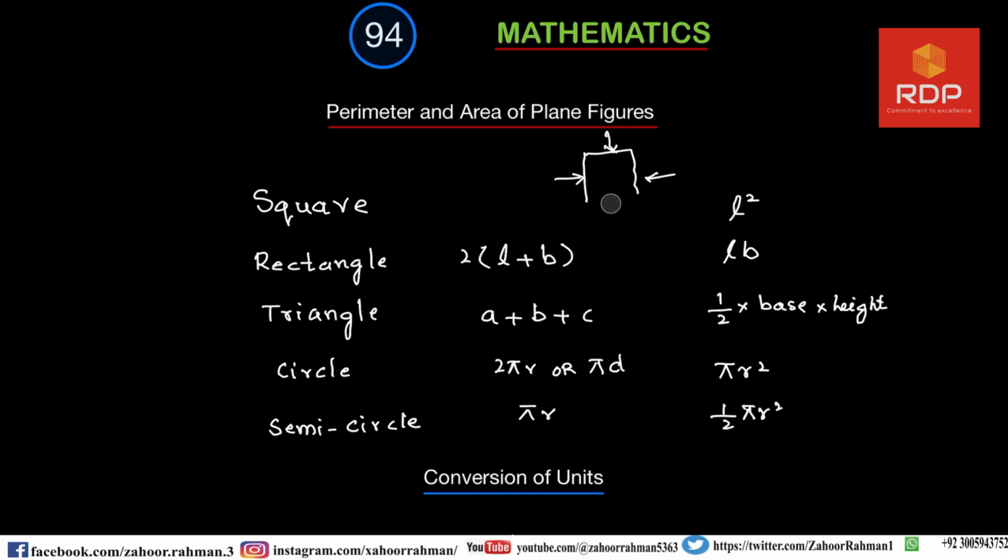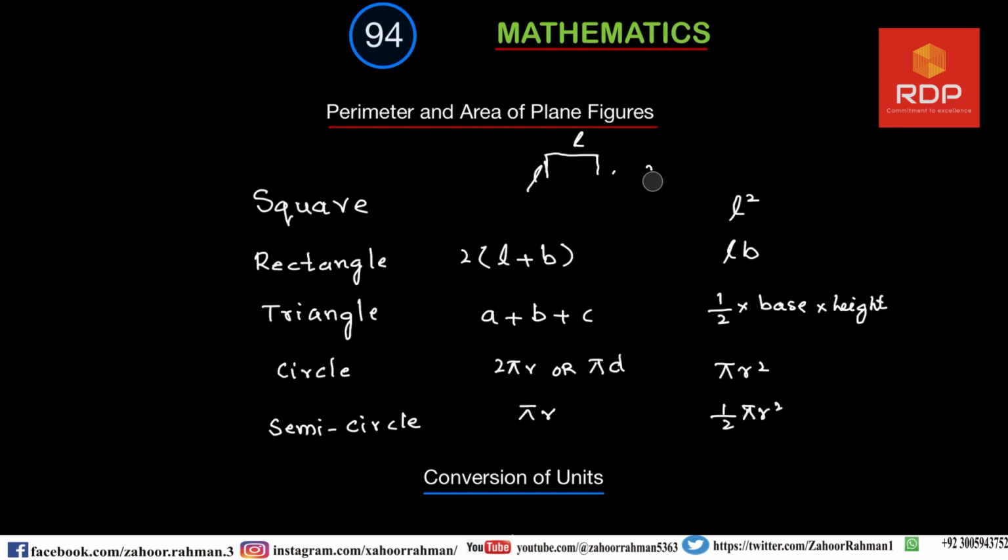But first, let us discuss the area of the square. If we are having the area of a square, then there is L square. This is L, this is L, this is L, and this is L. So we have to find the L square of that figure as the area.